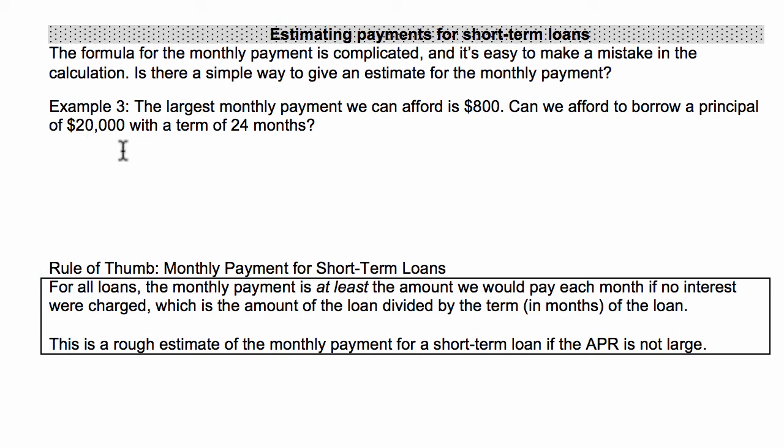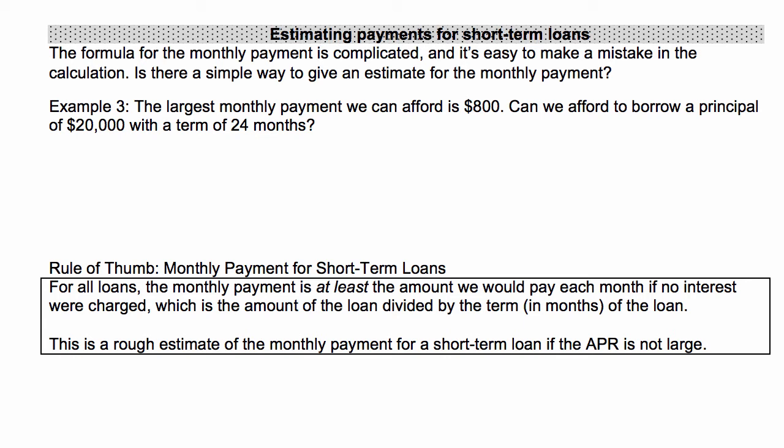Example 3. The largest monthly payment we can afford is $800. Can we afford to borrow a principal of $20,000 with a term of 24 months? Now, since we do not know the monthly interest rate, let's assume the lowest possible monthly interest rate of 0%.